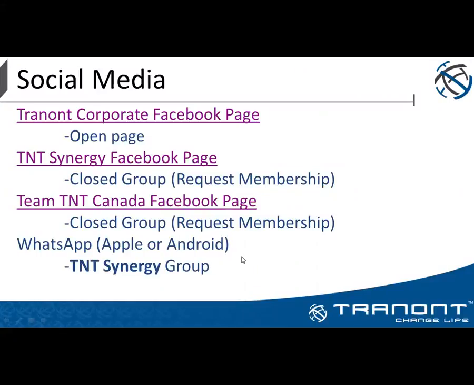So there's a team, and WhatsApp is a social media application that's on Android and Apple, so on your smartphones or tablets, that type of thing. And you can find these groups, TNT Synergy Group, for example, or Team Canada group. And on there, that's a forum for team members to communicate back and forth, right?